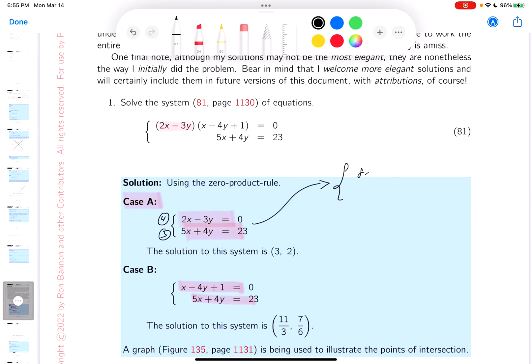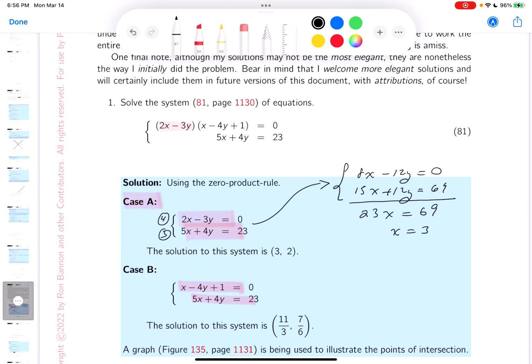You're going to get 8x minus 12y is equal to 0, and then you get 15x plus 12y is equal to 69. Add it together. This is called elimination. You're going to get 23x equals 69, x equals 3.